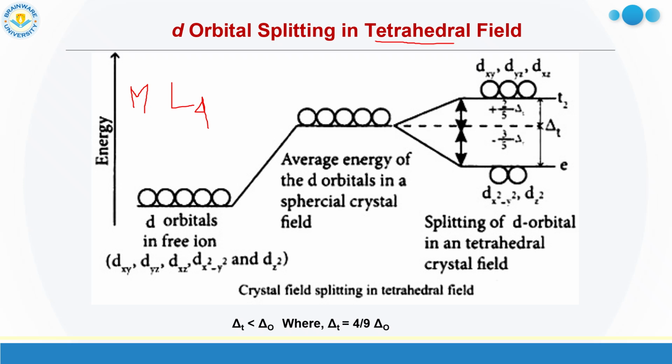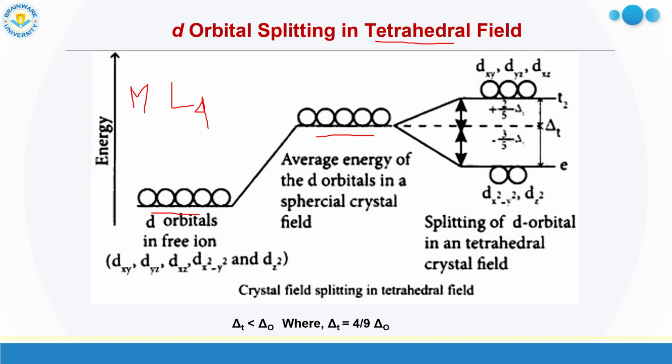Now you can see here, when there are no ligands, in the free metal state, the 5 d orbitals are degenerate, having the same energy. When ligands approach, they have higher energy but are still degenerate. But when ligands approach more towards the metal, the gap between metal and ligand is very less, then the interaction becomes stronger. As a result, few orbitals face more interaction, few orbitals face less interaction.